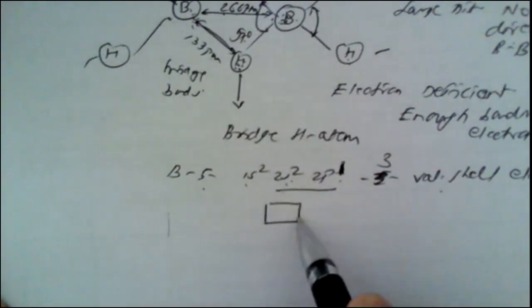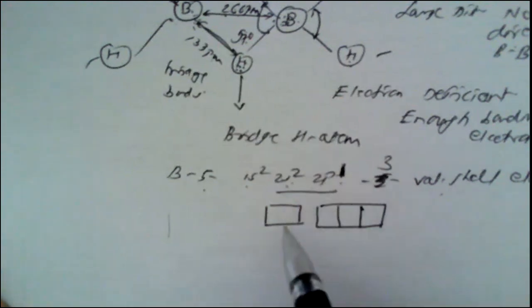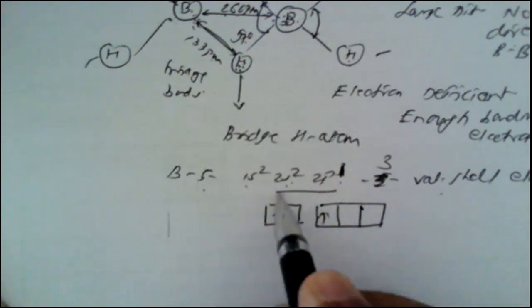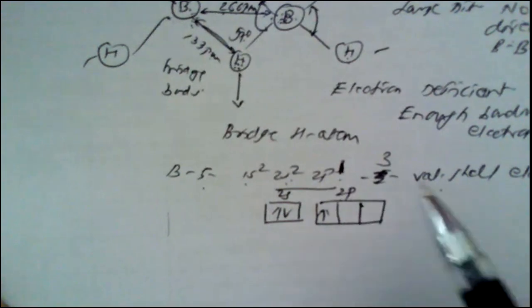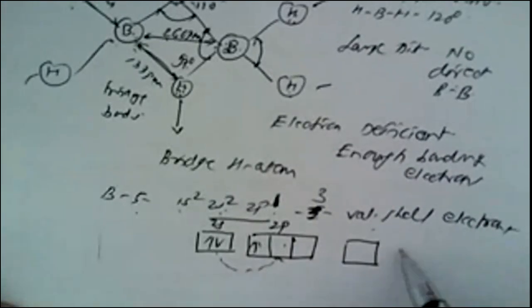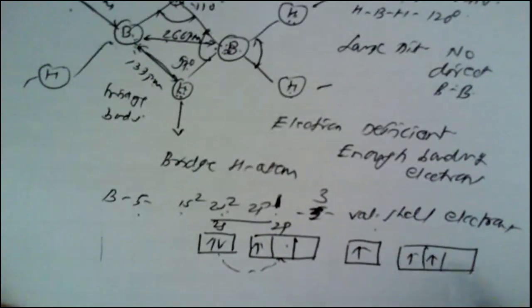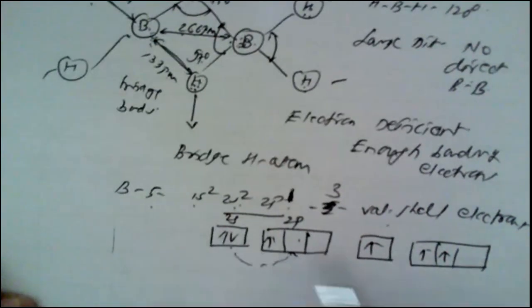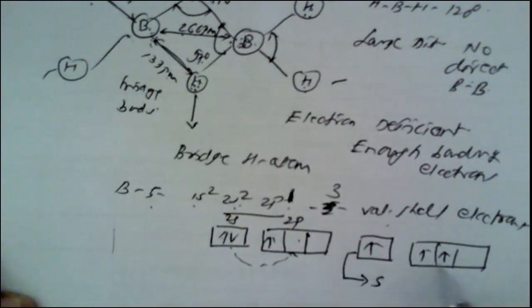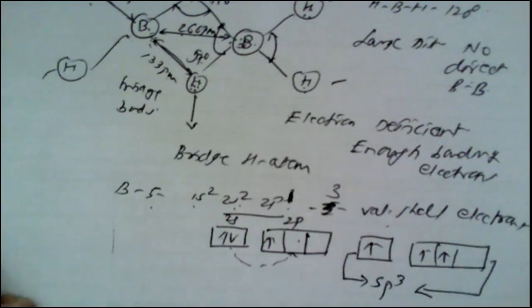The box diagram representation according to valence bond theory can be shown like this. This is 2s2 and this is 2p. Here one of the electrons is promoted, so the excited state electronic configuration of boron can be shown like this. Now, as this is a 2s orbital and these are the 2p orbitals, they undergo sp3 hybridization.